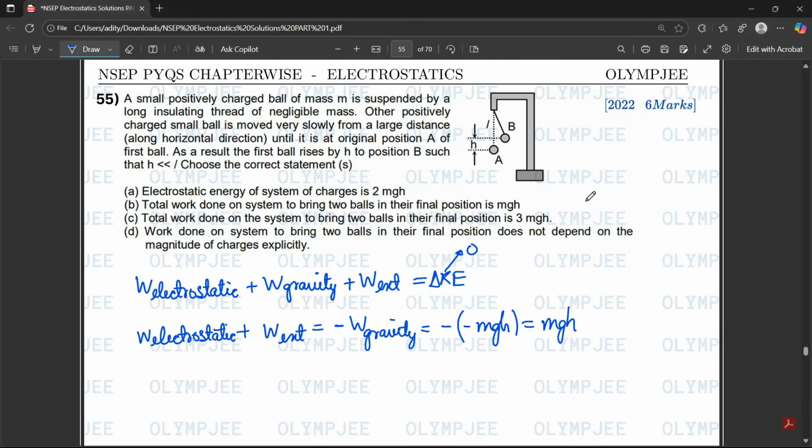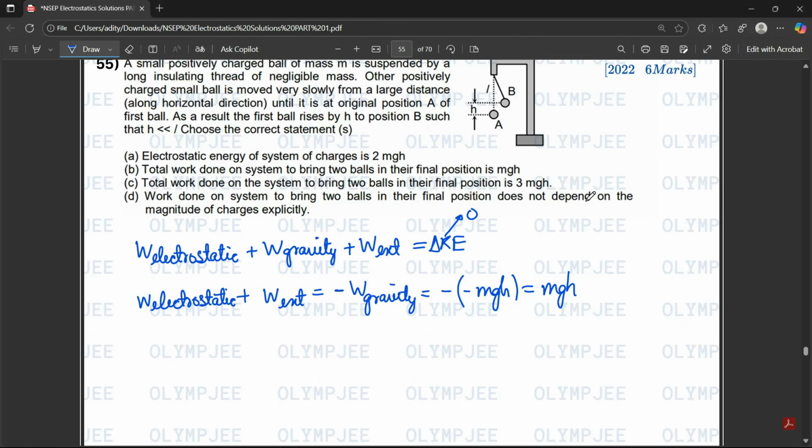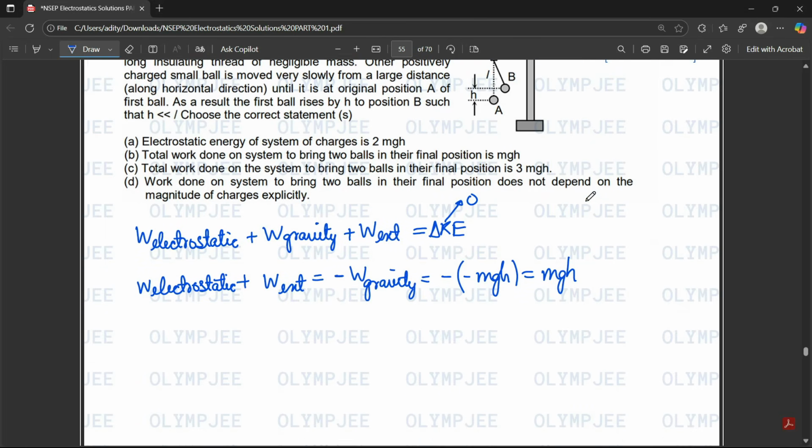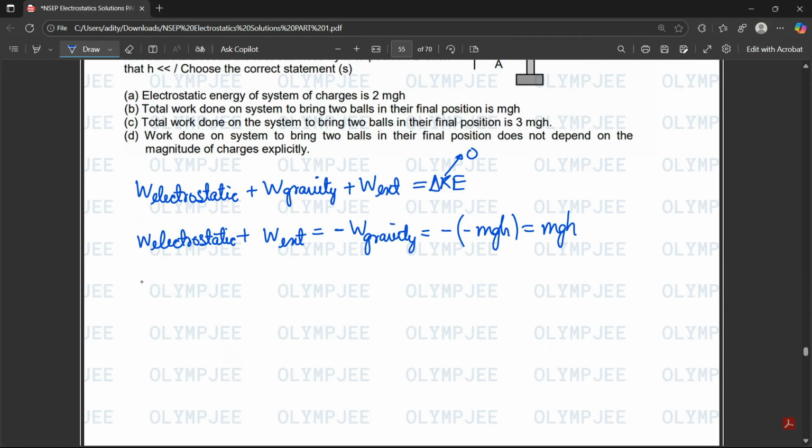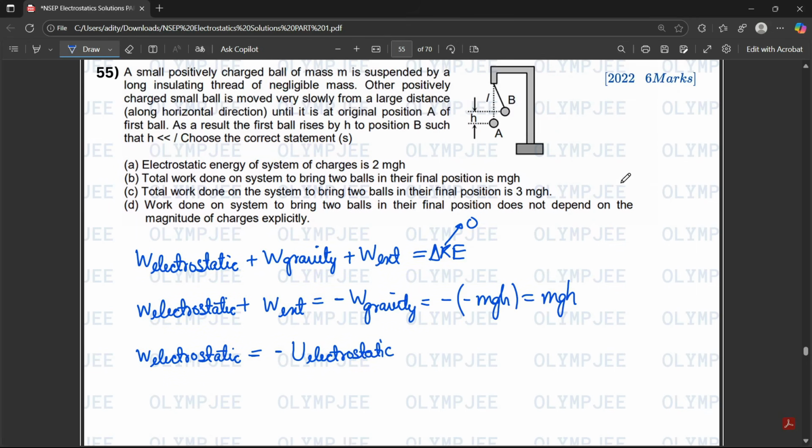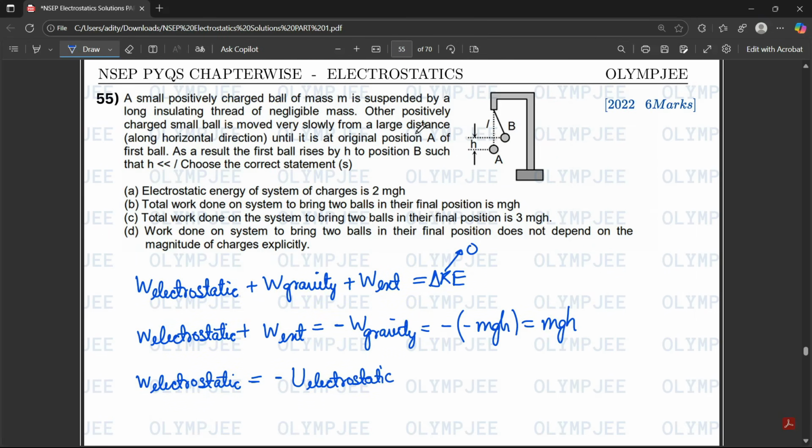So we know that the work done by the electrostatic force can be given as the minus of the change in electrostatic energy of the system.